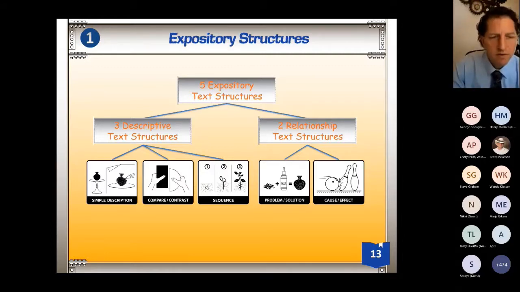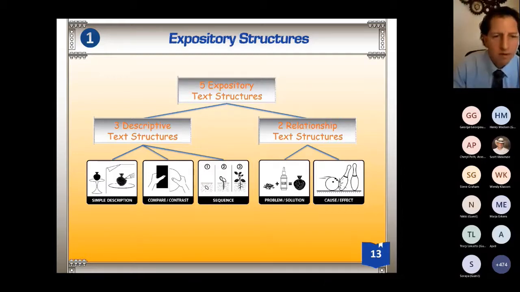And so you can see we've got simple description, compare, contrast, and sequence. We call those descriptive text structures. And then we have relationship text structures around problem solution and cause effect. We call these relationship text structures because we can't have a cause without an effect, right?